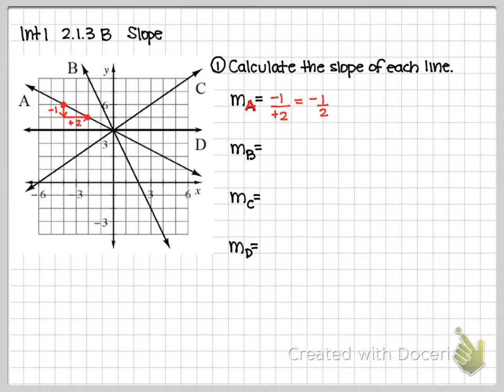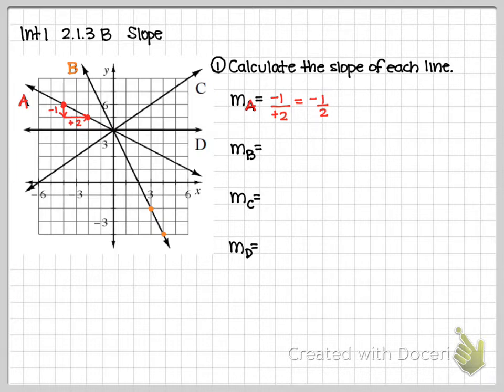All right, let's go to line B. Oh, let me color code my lines here so I know which one I'm looking at. Okay, line B, find 2 points. Okay, I'm going to choose these points down here, only because they're kind of away from everything else, and I'm going to do that little staircase looking thing. Okay, so left to right.